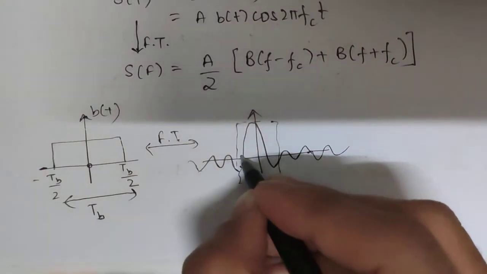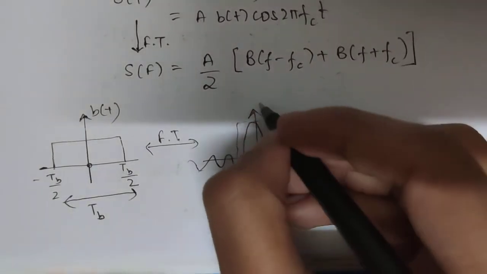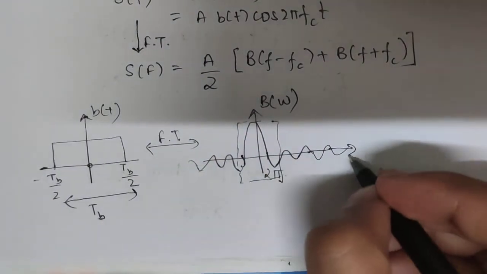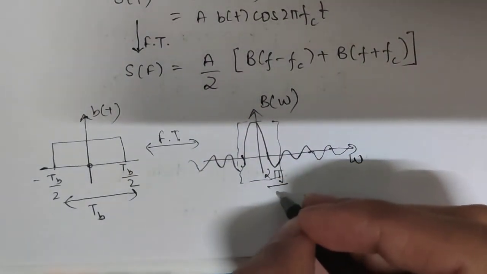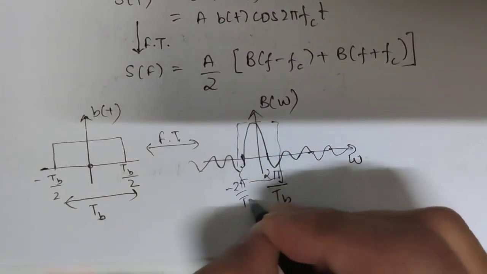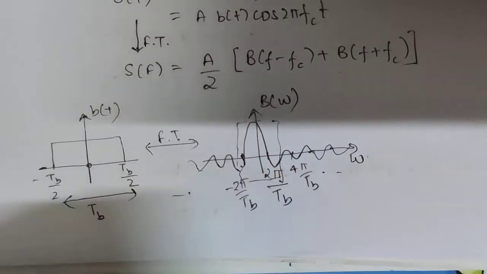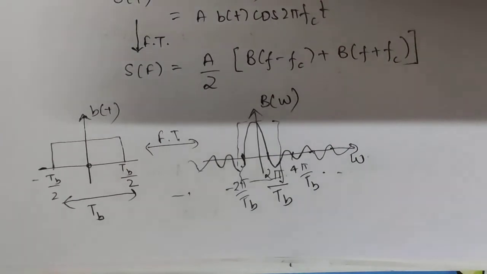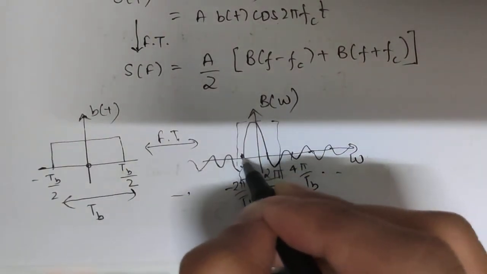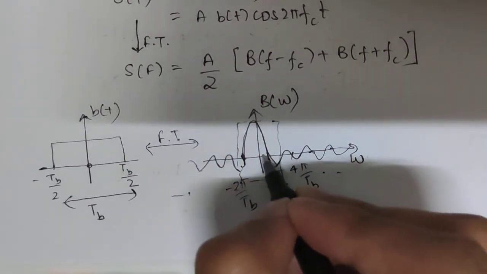If we are talking about angular frequency, then this is 2 pi by TB and this is minus 2 pi by TB, and here also this is 4 pi by TB, and it goes like this. So to pass this, we only need to consider this, and bandwidth is only considered of the positive part.